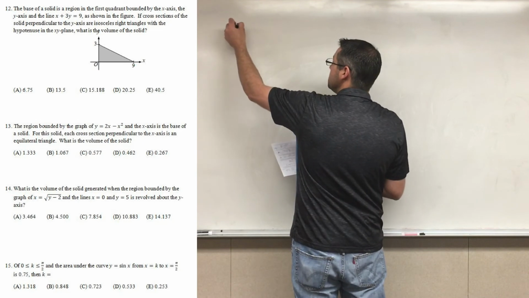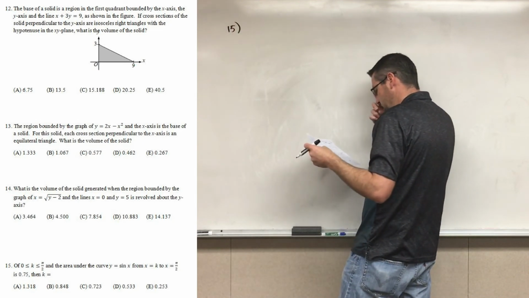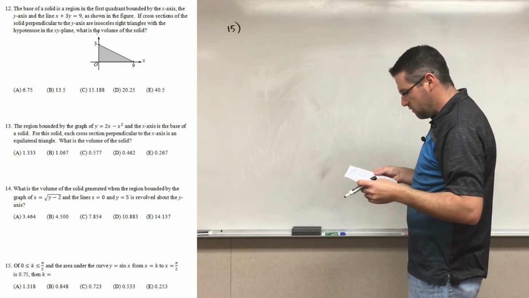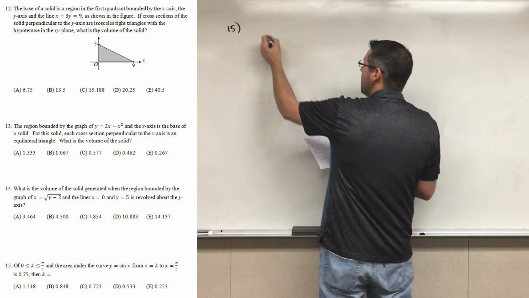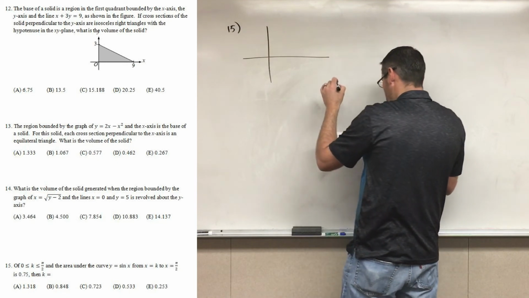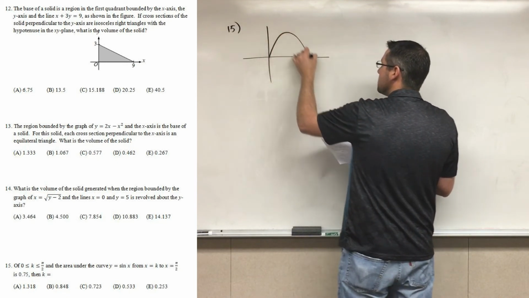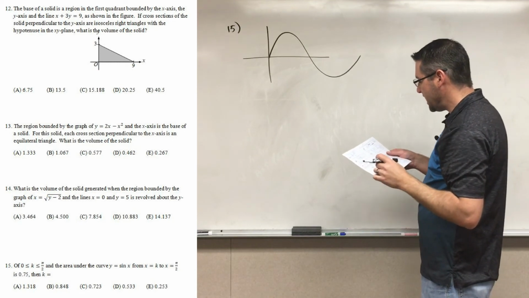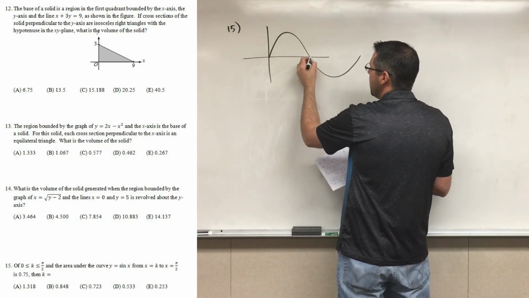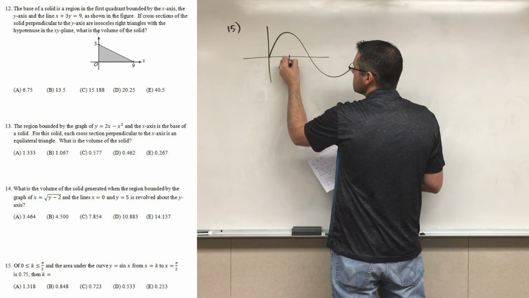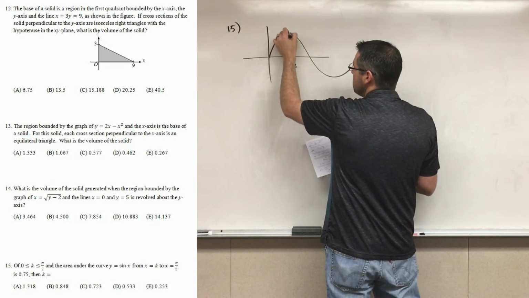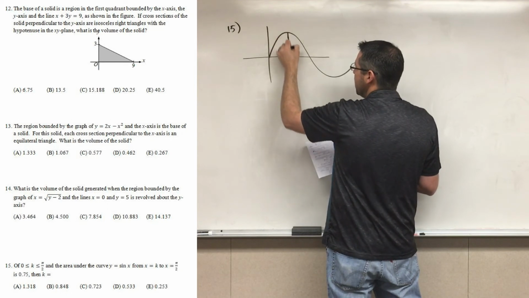Number 15. 15 is a little interesting. It says, if 0 is less than or equal to k is less than or equal to pi over 2, the area under the curve of sine of x, there's sine of x, from x equals k to x equals pi over 2. Well, pi over 2 is right here. So we're looking for the area that's bounded by pi over 2 and k.